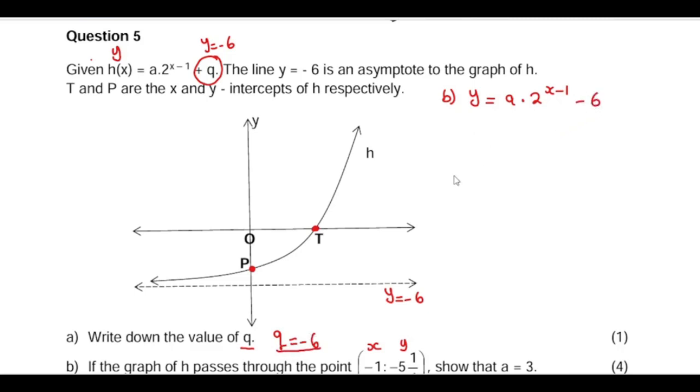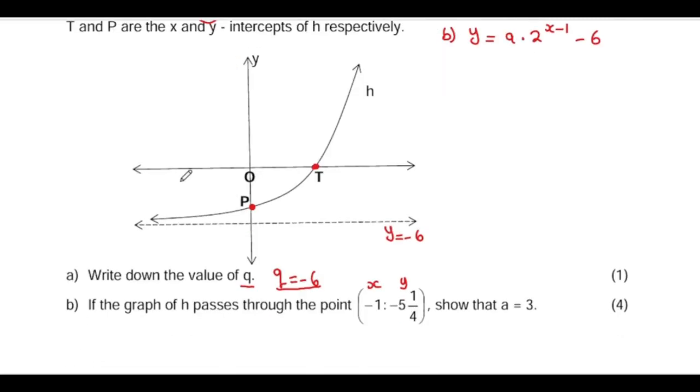So now to find the value of a, we need to substitute any point on the graph, and we only have this point here, meaning that where there's x you put minus 1 and where there's y we put minus 1. But let's convert this.